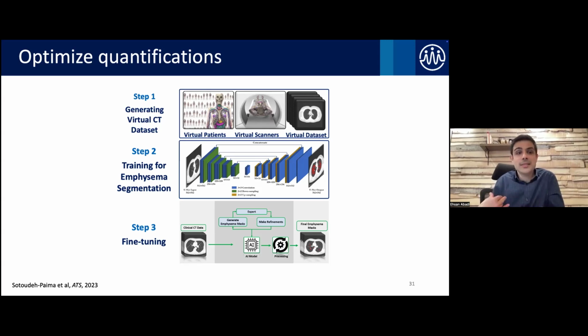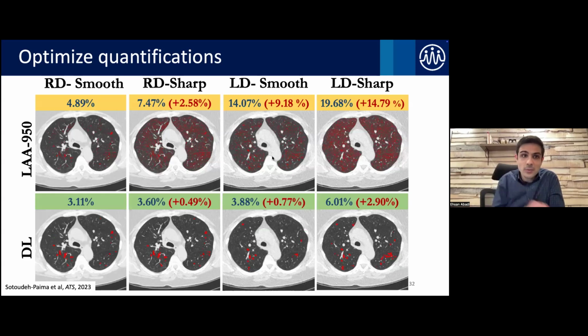So the simulation data helps as a starting point for learning how to segment emphysema with a lot of cases and a lot of conditions, and then the clinical data helps us fine-tune this and learn how to apply it in clinical cases.